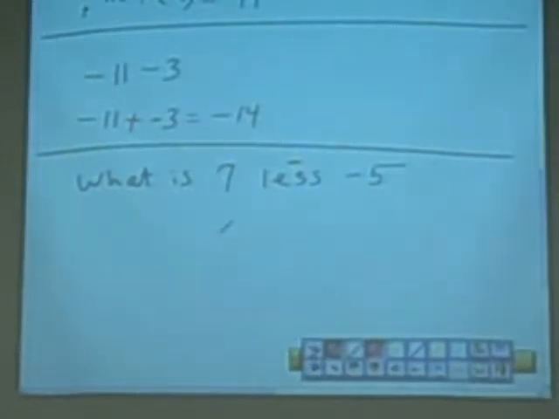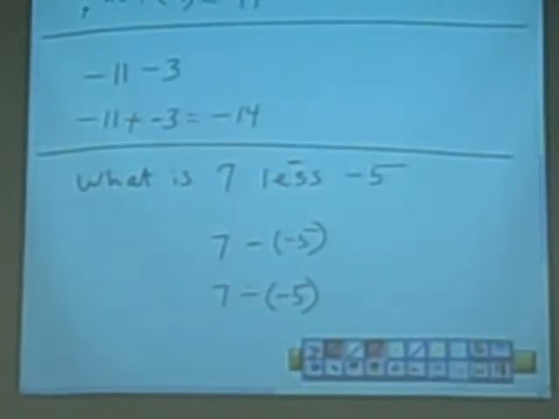Okay, so you're going to have 7, right? And then you're going to put a minus sign, and then what are you going to put after that? Negative 5, right? So in reality, are we adding or are we subtracting here? Adding, right.